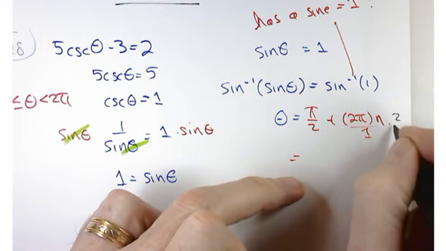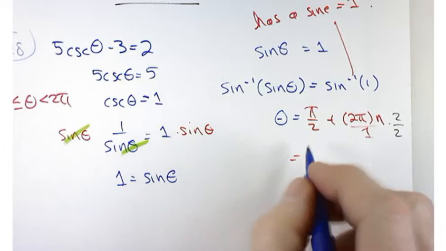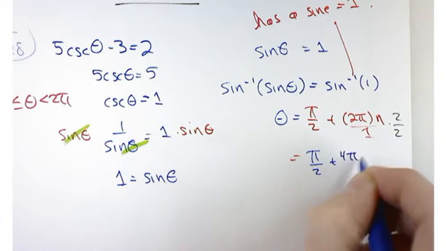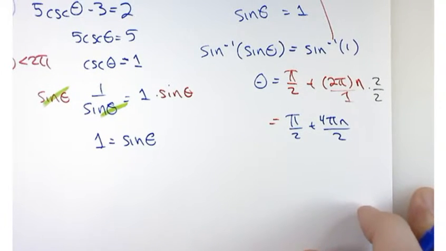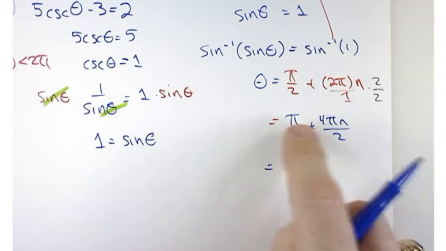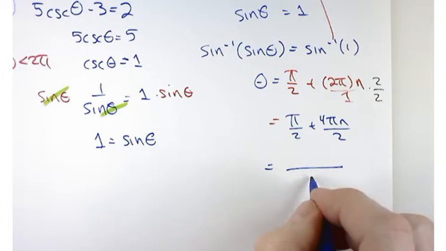If I multiply by 2 over 2, let's see what I get. I get pi over 2 plus 4 pi n over 2. I'm going to do one last thing here. I'm going to factor out the pi. All of this is over a denominator of 2.